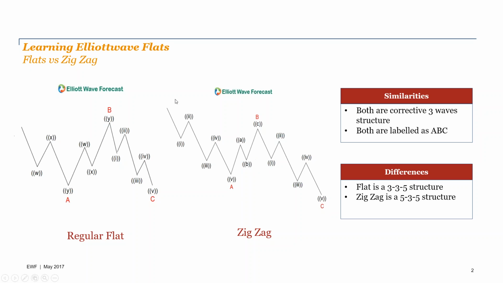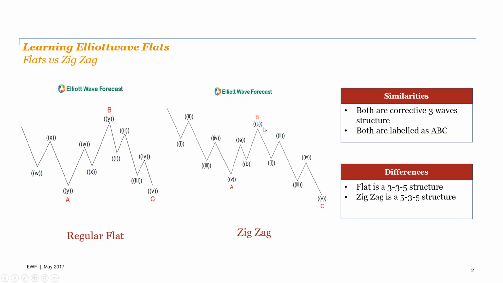In this particular case, usually the C leg, or the third leg, is going to travel approximately 100% of the first leg, or the A leg.